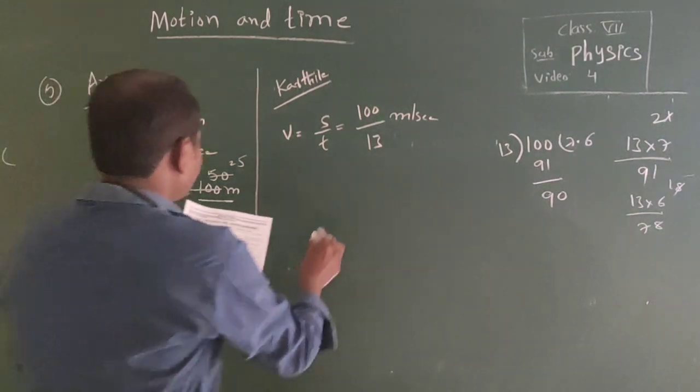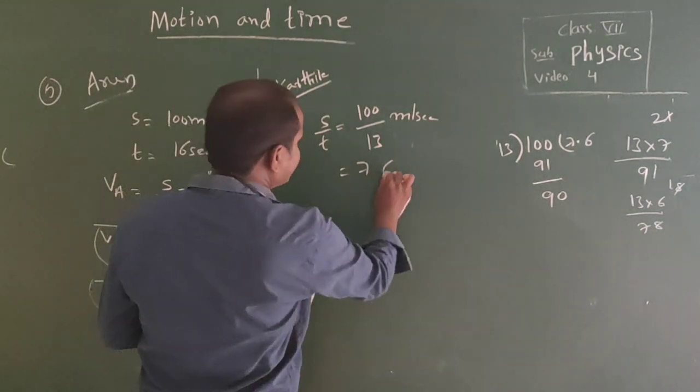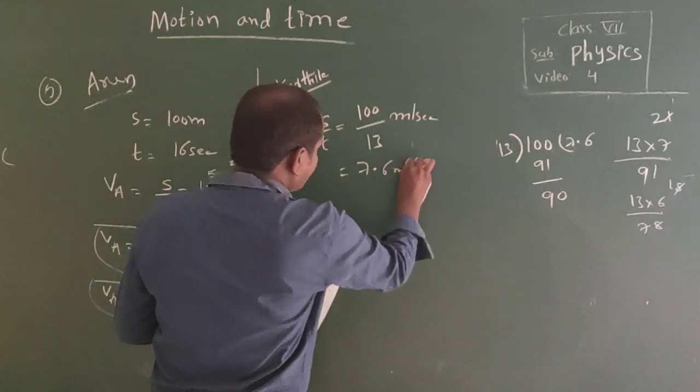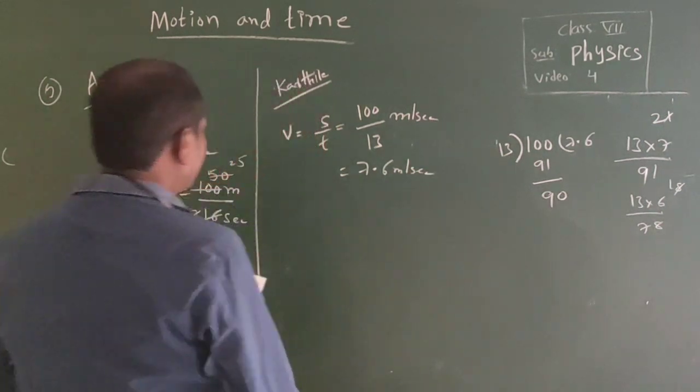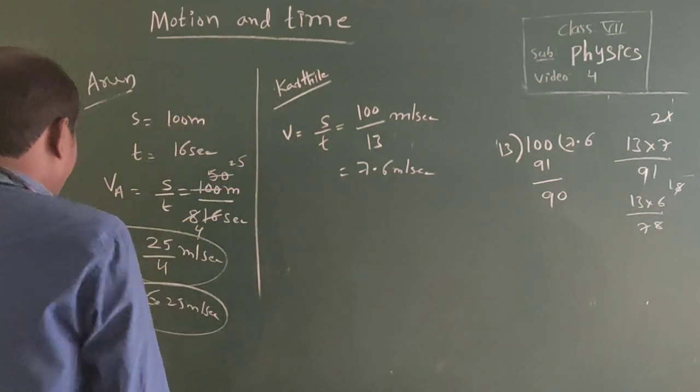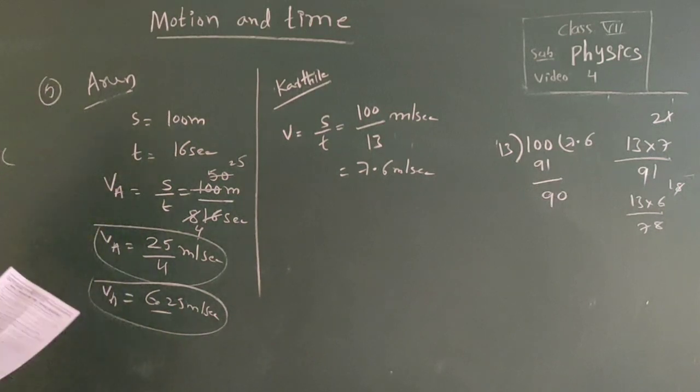Here for Karthik we get 7 point something, 7.6 meter per second. Okay, speed of Karthik is 7.6 and the speed of Arun is 6.25. So that's why Karthik ran faster, because his speed is 7.6. Arun's speed is 6.25 meter per second.